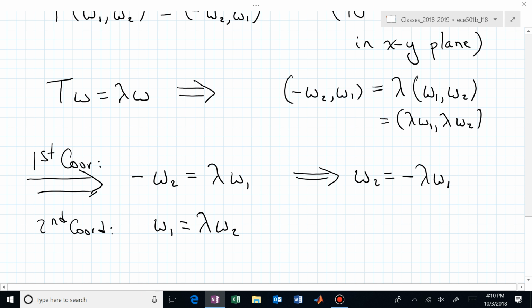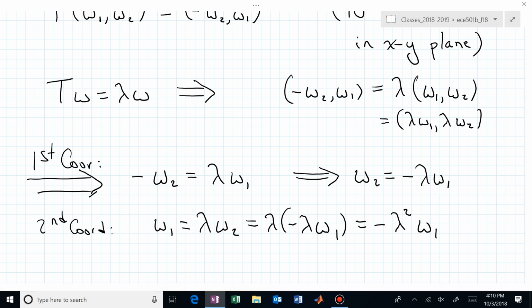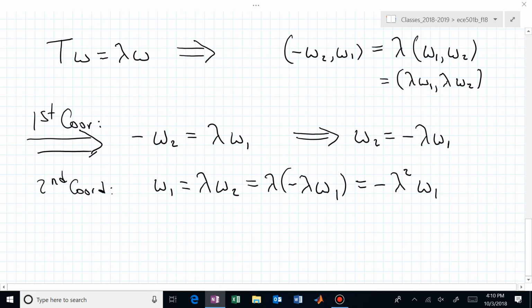But we now have an equation for w2 in terms of w1. Let's put that in. That's lambda times minus lambda w1, or this is minus lambda squared w1. So w2 we said is minus lambda w1. We're replacing that expression in for w2, and we end up with w1 equaling minus lambda squared w1.